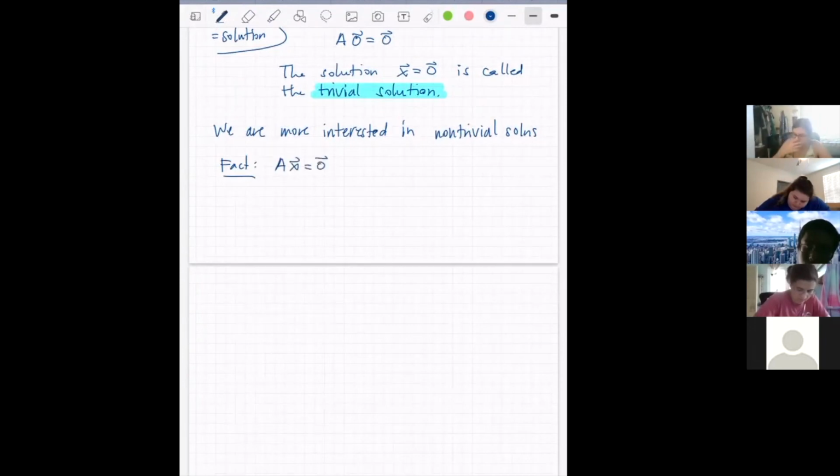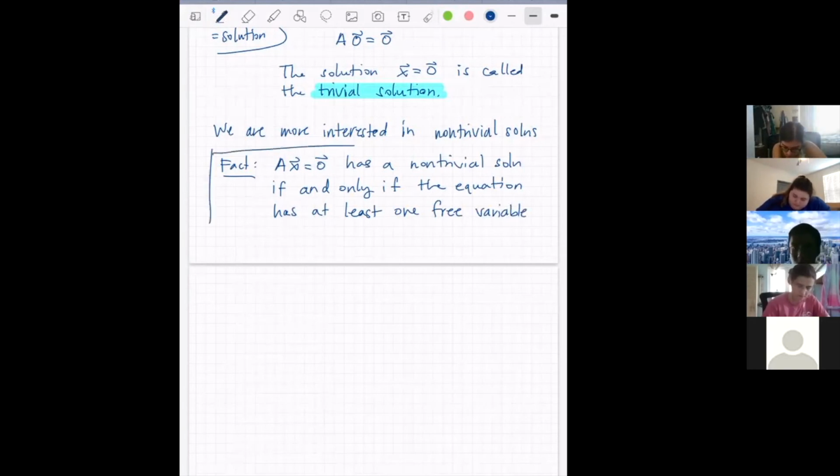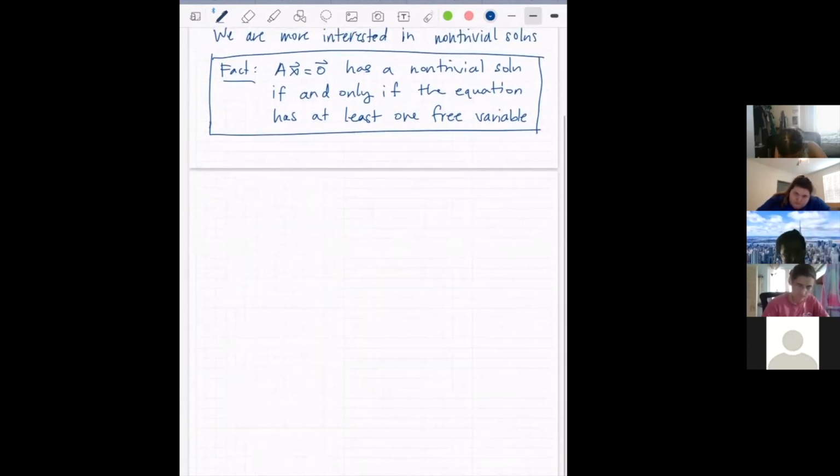When we're looking at a homogeneous system of equations like this, it has a non-trivial solution if and only if the equation has at least one free variable.